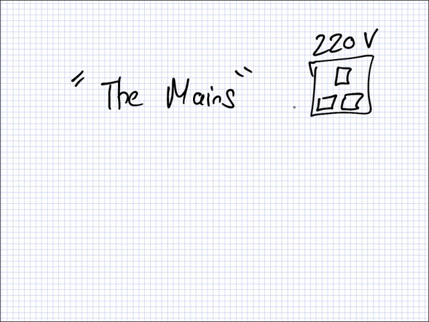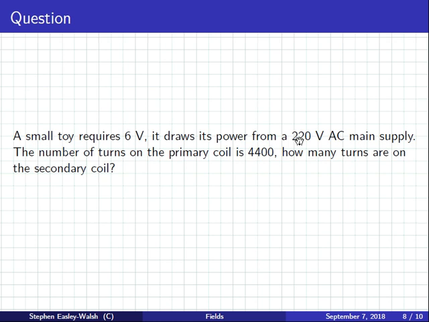Okay, good. Right. The number of turns on the primary is 4,400. How many turns are on the secondary? Okay, I think you can do this. Give it a go. You have to use your formula. Which formula do you use? V1 over V2 equals N1 over N2.